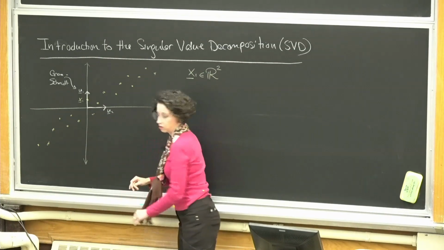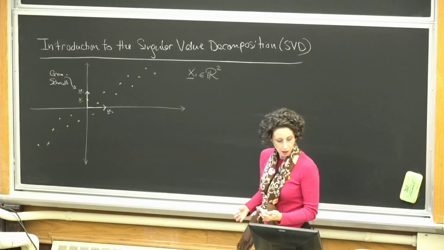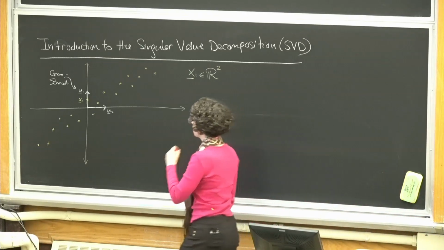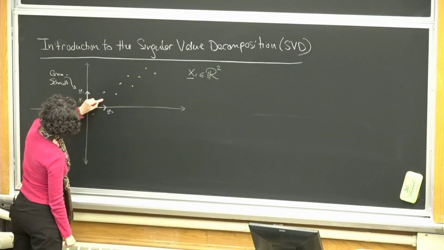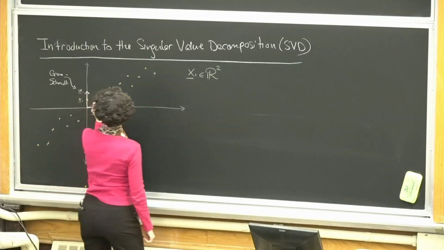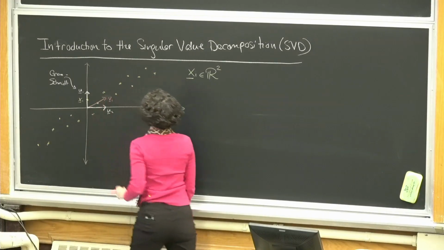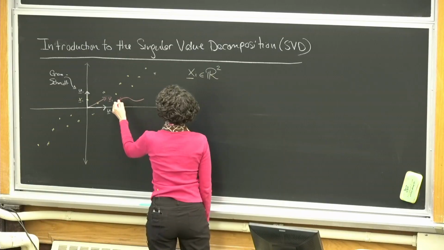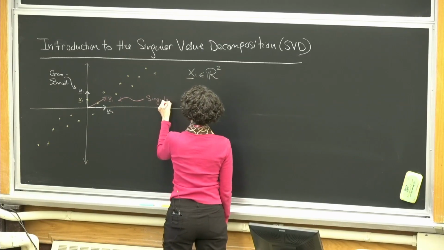So today, what we are going to talk about is another way of finding a basis for these points. And what we're going to find is that the first basis vector, and I'm going to write that here as V1, and it also has length 1, is going to be coming out of the singular value decomposition.